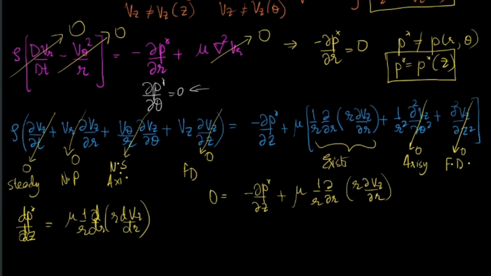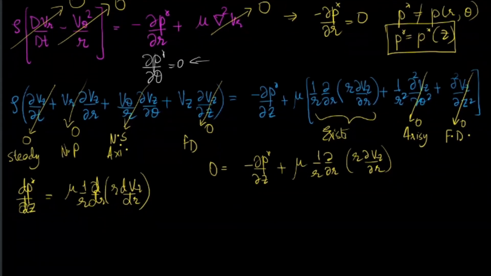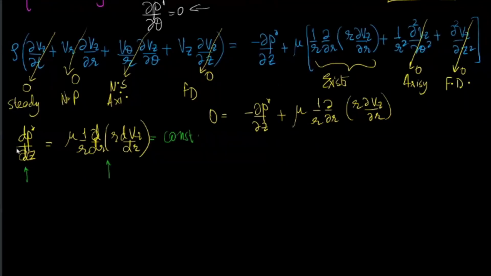So we've converted the partial derivatives into ordinary derivatives. Keeping in mind that this is only a function of z and this is only a function of r, each has to be then equal to a constant, the same logic that we had used in the plane Poiseuille flow. So now if each is a constant, it automatically means that the pressure varies linearly.